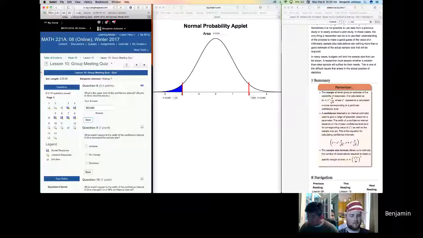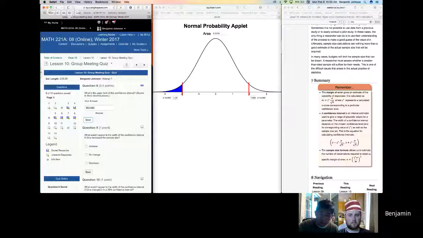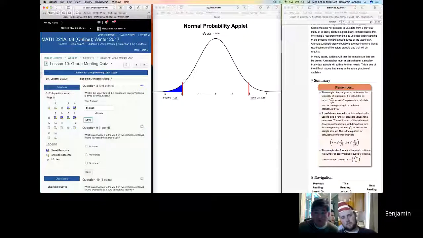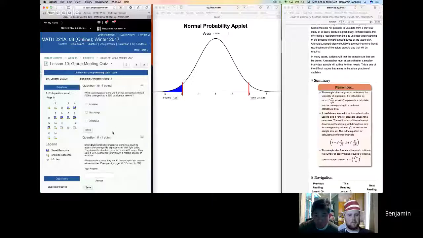Okay. We all good? Yeah. So number 9, what would happen to the width of the confidence interval if Gina increases the sample size? It will decrease, right? What would happen to the width of the confidence interval if Gina changed it to a 99% confidence interval?